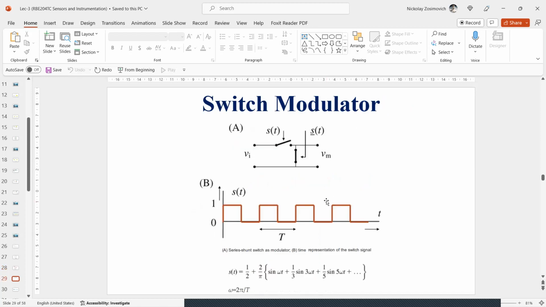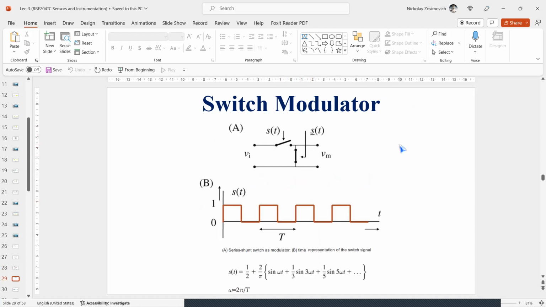In the switch modulator, the measurement signal is periodically switched on and off, a process that can be described by multiplying the input signal by a switch signal S(t), being 1 when the switch is on and 0 when it is off.